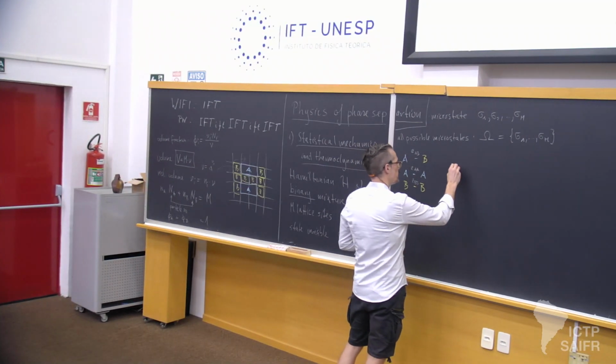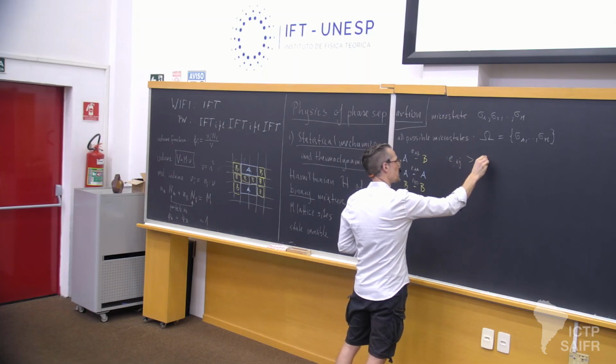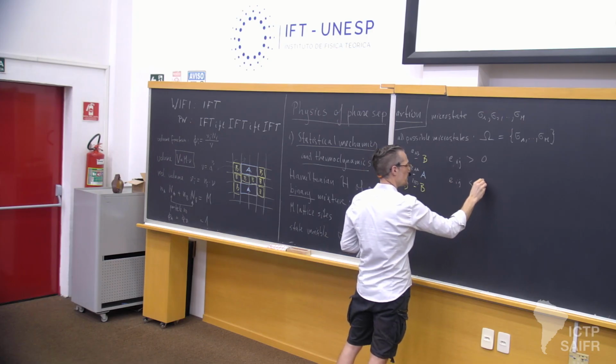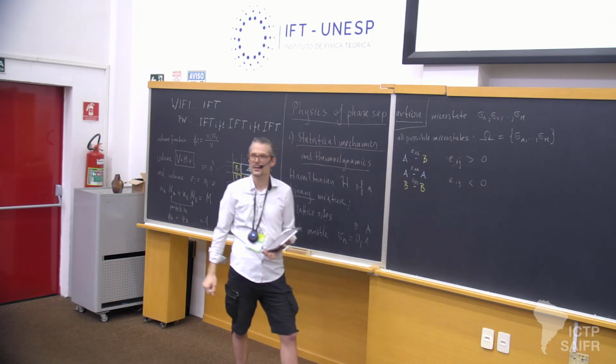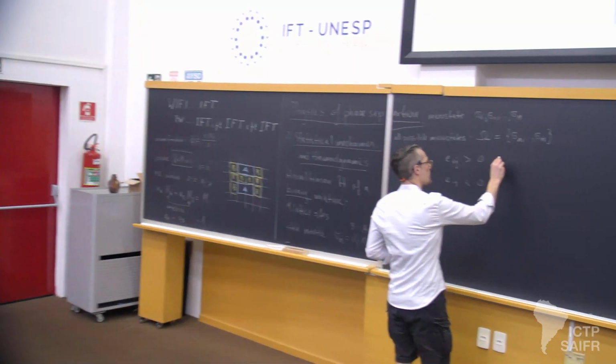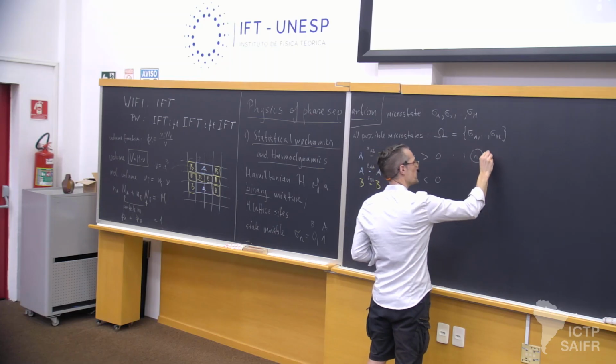So what does it mean? If E_ij is positive, and I can also have E_ij negative, we follow exactly the same classical convention. If it's positive, i doesn't like j, so it's repulsive.